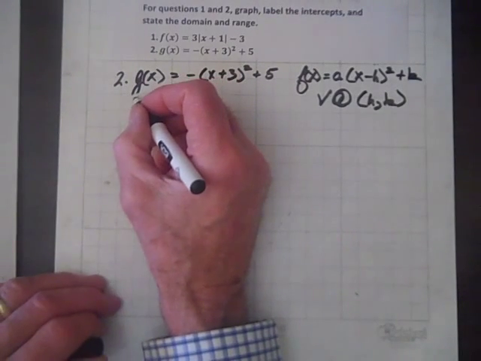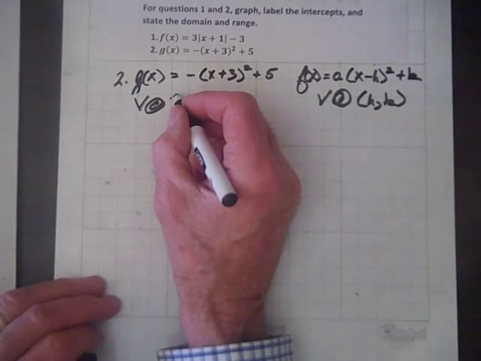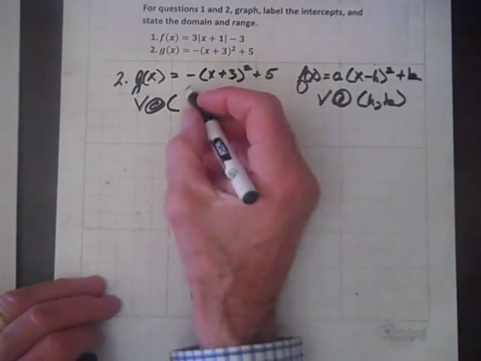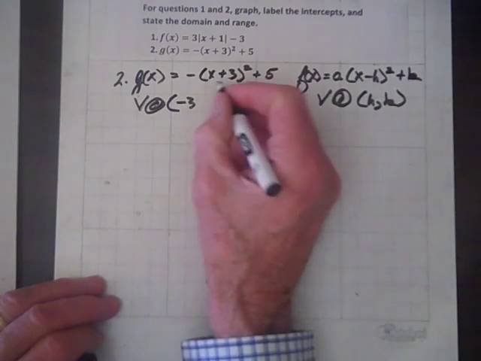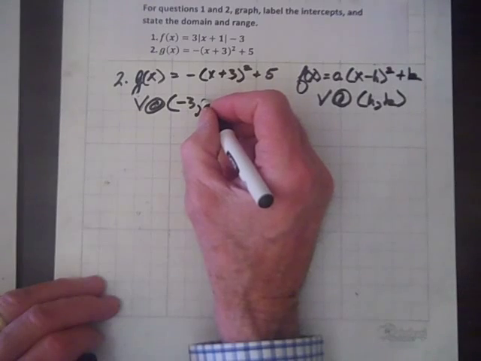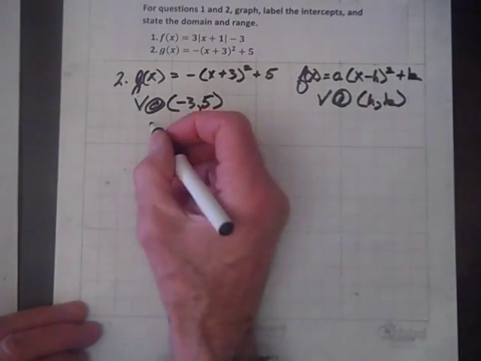So with that in mind, we now know the vertex for g of x is at the opposite of positive 3, which is negative 3. Negative 3 takes that expression to 0, and the y-coordinate is 5. So we've got the vertex.